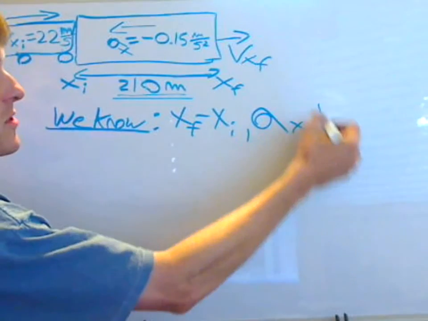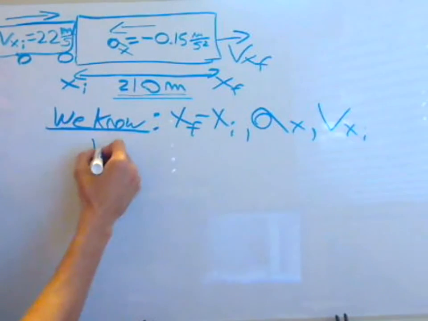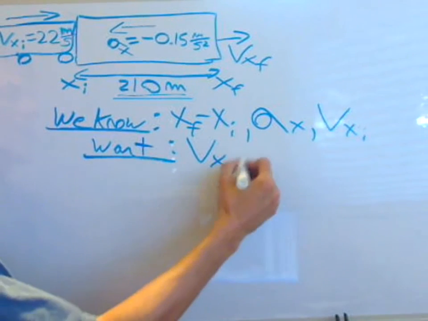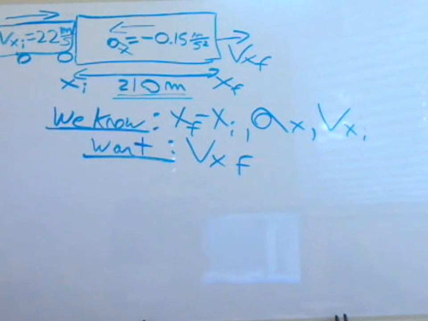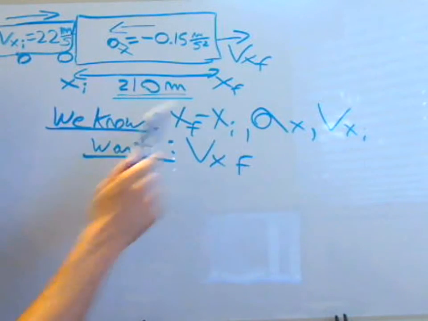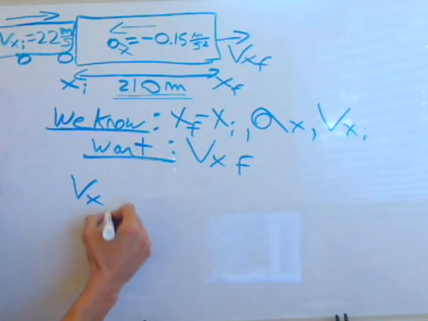And we know the initial velocity. Okay. We want the final velocity. Okay. So now this is that time again where we go through our list of equations and we try to find the equation that best suits this set of variables. And the equation that best suits this series of variables is this one.